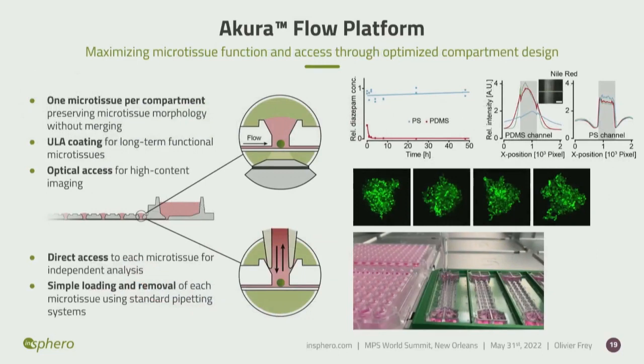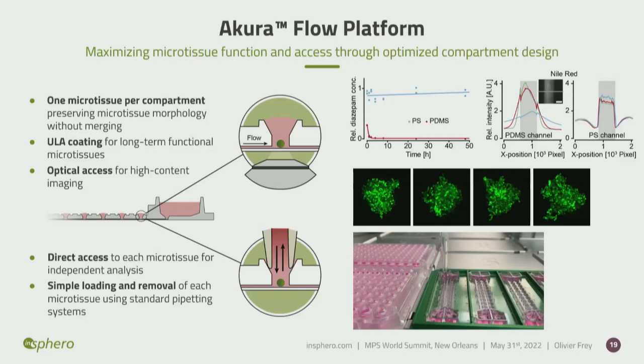So one important aspect that we had to design is this small microtissue compartment, because if you start to load microtissues, you need to care about how do I close my compartment, how do I keep it viable in there, or how can I remove the microtissue afterwards. And we created this funnel-like structure that on top has this small hydrophobic rim.